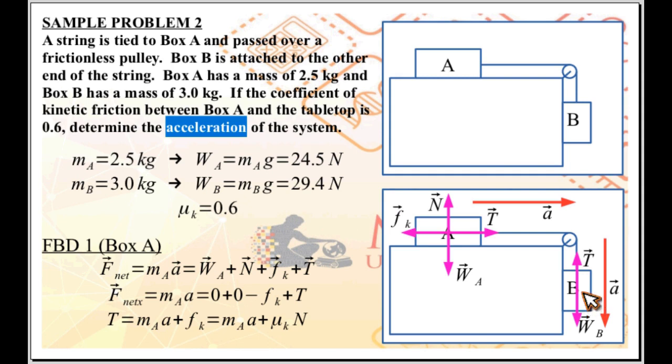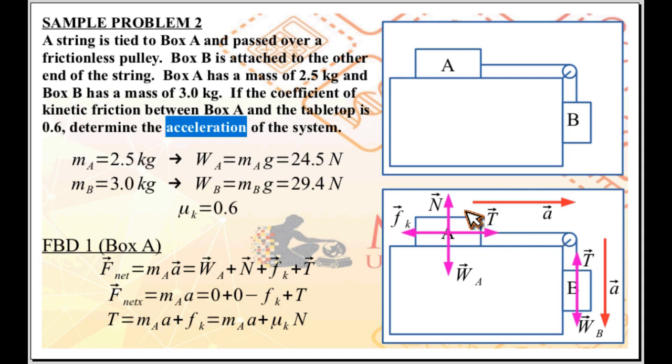Box B is being pulled downwards by its weight. Therefore, in all likelihood, box B will move downward. That means the acceleration of box B is downward. Since box A is tied to B, if B moves downward, box A must move to the right.